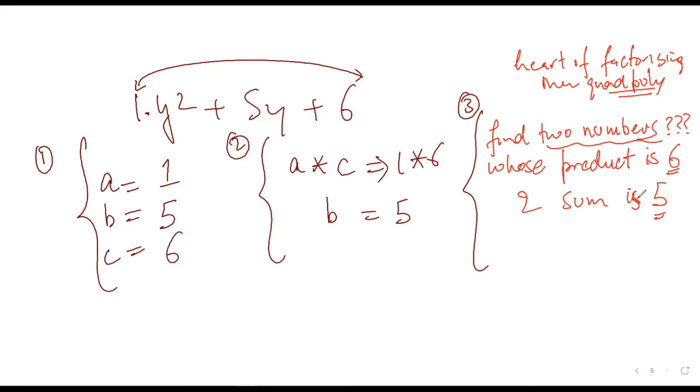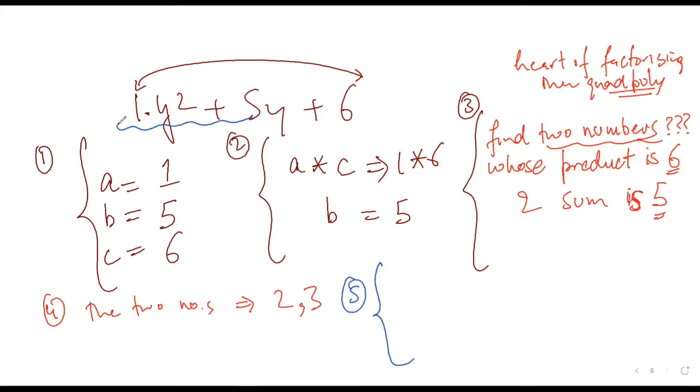Can you tell me, Mr. Sarthak, what would be the two numbers? 2 and 3. 2 and 3. Shabba. So the two numbers would be 2, 3. Are we clear till here? Yes. Then we come to step 5.